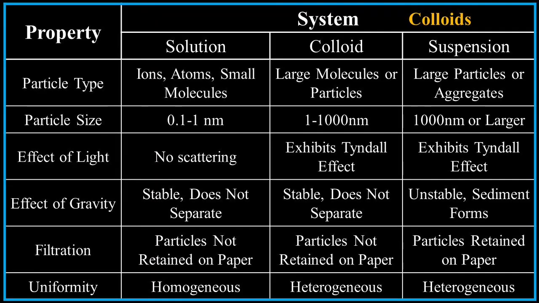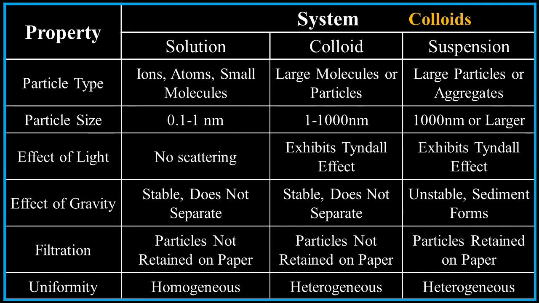Now, the next few slides are going to summarize much of what we've been talking about, from solutions that are 0.1 nanometer to 1 nanometer, to the size of a colloid, 1 to 1,000 nanometers or 1 micrometer, and then 1 micrometer or larger. Those are suspensions.